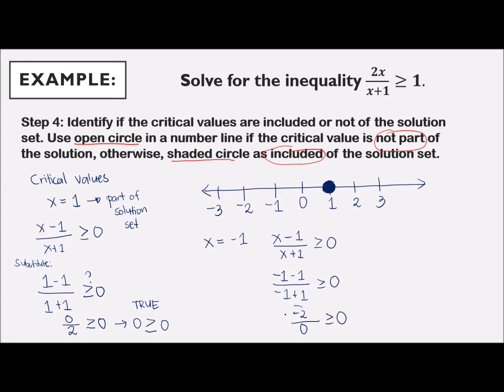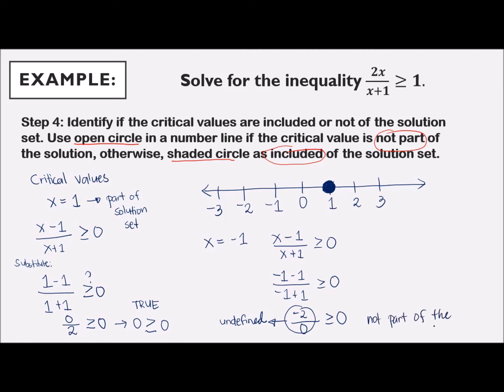At binanggit ko na ito sa inyo dati na bawal maging 0 ang denominator because it will become undefined. So automatic, yung mga critical values na makukuha natin on the denominator, it will become undefined once na sinubstitute natin. So, ibig sabihin yan, it's not part of the solution set.